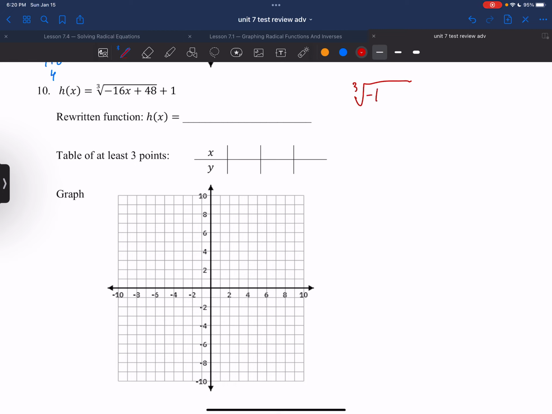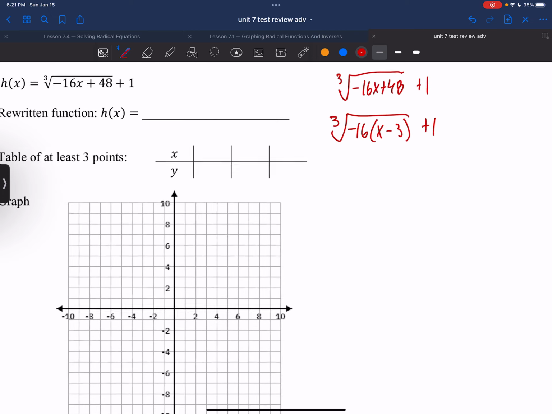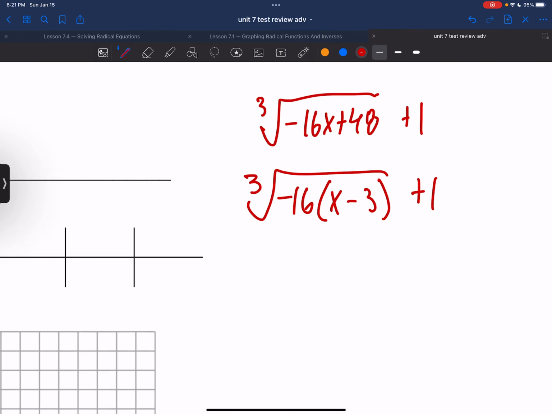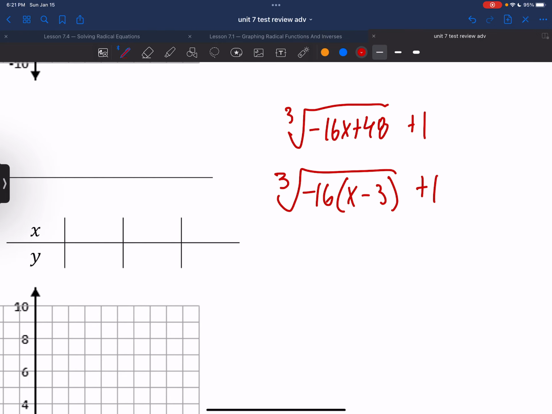So negative 16x plus 48, and then plus 1. So I'm going to factor out negative 16, and this is now x minus, I think 16 times 3 is 48. You see, I'm factoring out 16 because that's a perfect square.